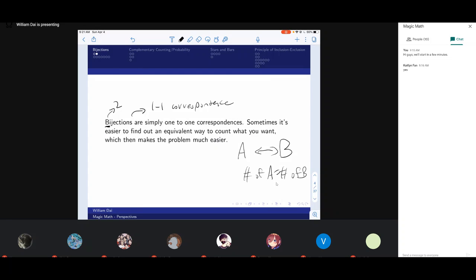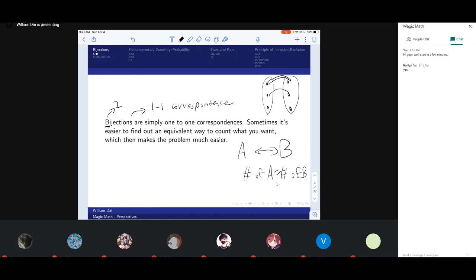In a visual sense, consider this group of three dots here and this group of three dots here. A one-to-one correspondence between these two groups of dots is simply assigning one dot on the left side to another dot on the right side, and each dot on the right side has a unique dot it's assigned to on the left side, and each dot on the left side has a unique dot it's assigned to on the right side.